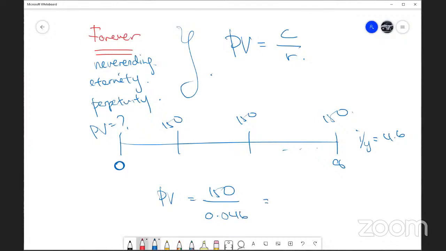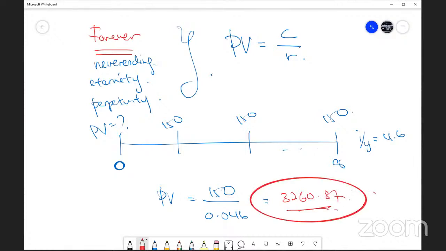So the total amount you should pay to buy this forever payment, the British consol, is 3260.87. This one-time payment will allow you to receive $150 per year forever. This is perpetuity. Very easy.